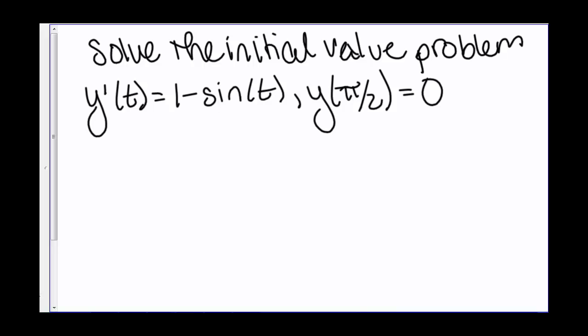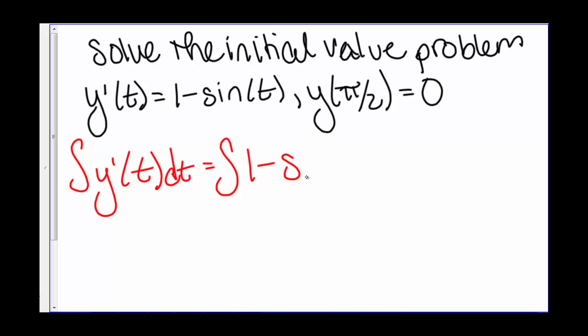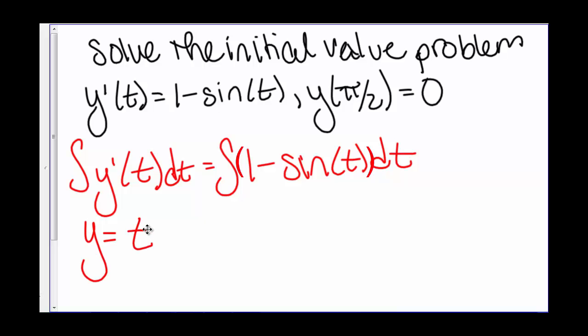We're going to integrate both sides. So we have the integral of y'(t) dt equals the integral of (1 - sin(t)) dt. So that tells us that y = t + cos(t) + C.